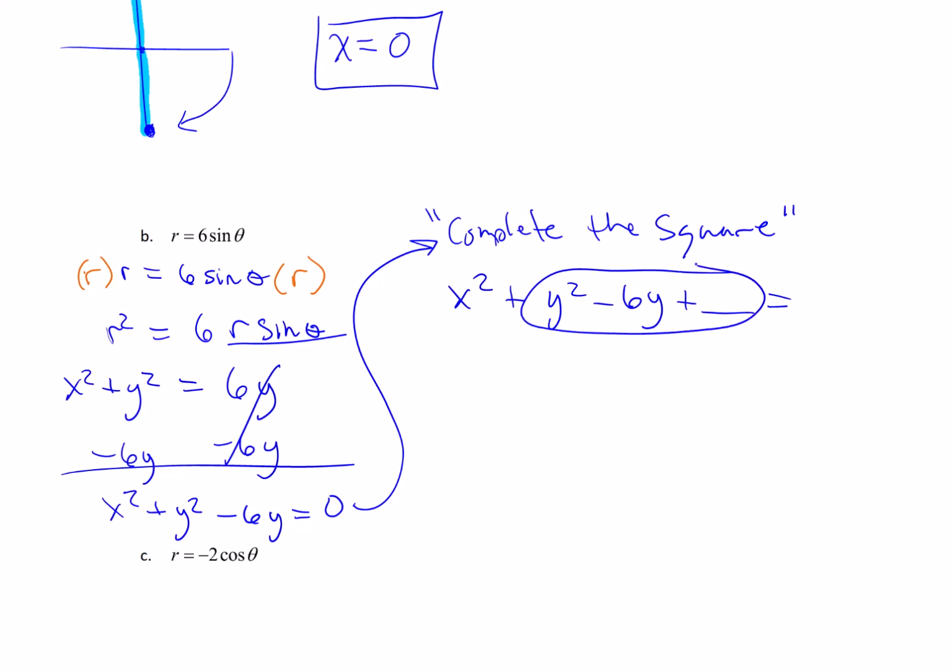So we had y squared minus 6y. We're missing a term that will help us make this a square term, as you'll see shortly. But if I'm adding some mystery term to the left side of this equation, then of course you have to add the same thing to the right side, just to keep things balanced. So I'm going to put a plus blank on both sides to help complete the square.